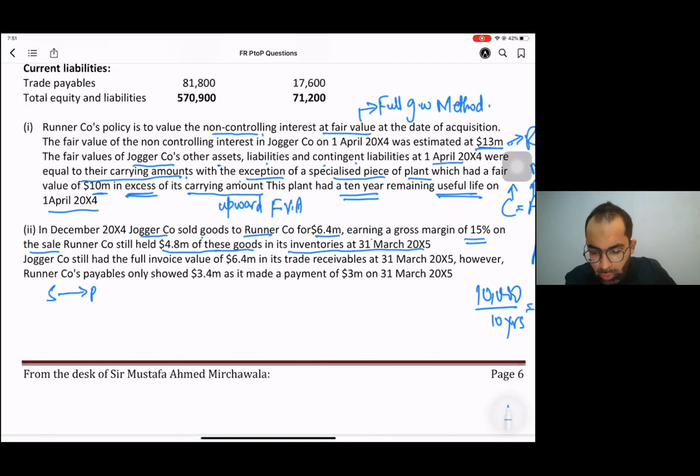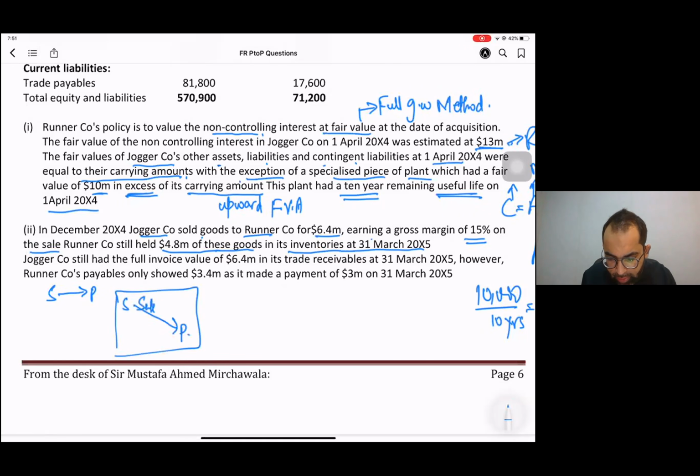Okay, so these unsold goods contain URP. Let me make a little sketch. This is S company, this is P company. The actual sales is 6,400 and the unsold goods at the year end is 4,800.